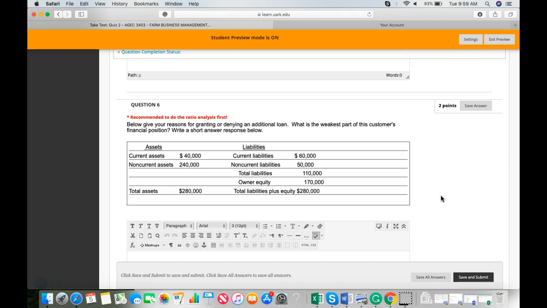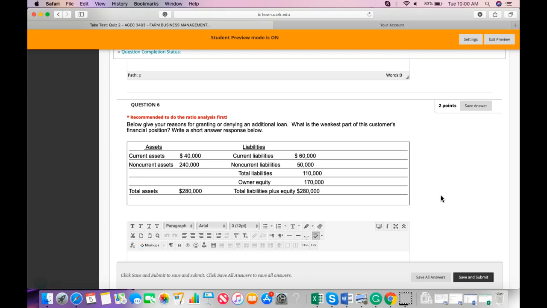They don't have a lot of cash because their current assets can't cover their current liabilities. If they were to liquidate their assets, they would still have debt left over. But they do have a relatively strong solvency position. They are rich in non-current assets, which is pretty common for farms due to the land and machinery values. So you could decide whether to give that customer a loan.